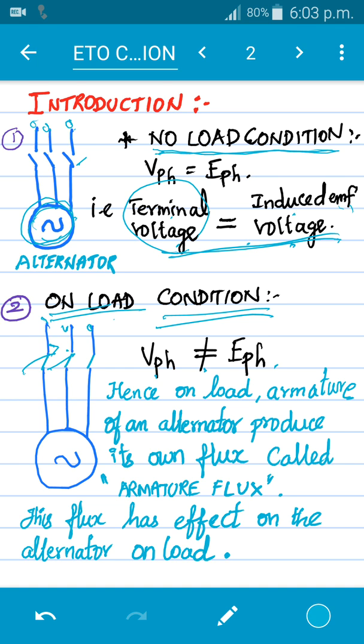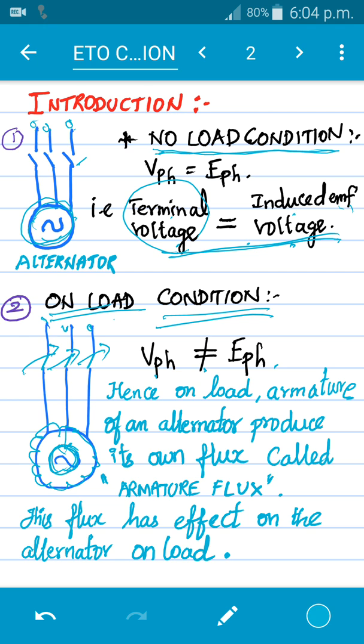When you close the breaker or connect it to the load, it draws current in the stator. As soon as there is current, there will also be a flux. Whenever there is a current carrying conductor, there will be a flux produced. So this will have an impact on the main field, which is in the rotor.